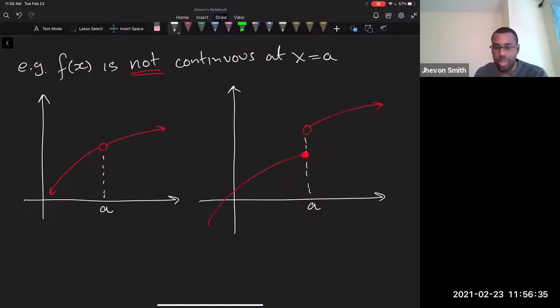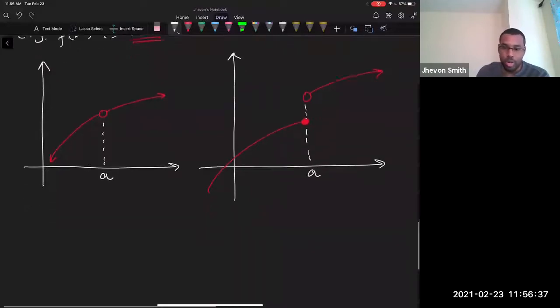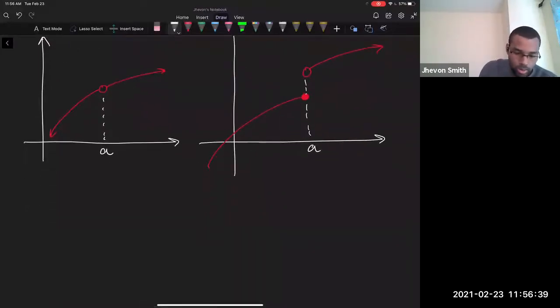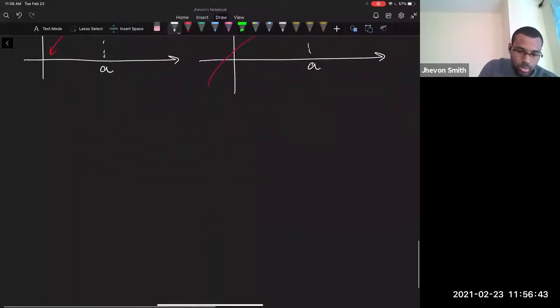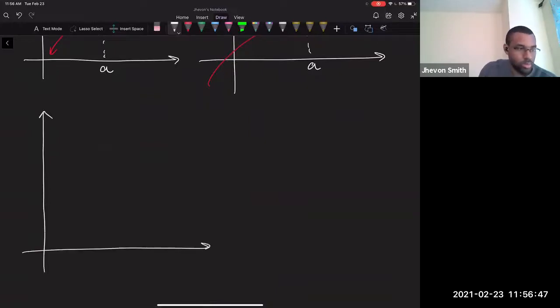It's not even just a hole. There's a whole gap of stuff that I have to jump over, right? Or I could be almost like the first one, but I have to jump up here to fill in what the actual value of the function is.